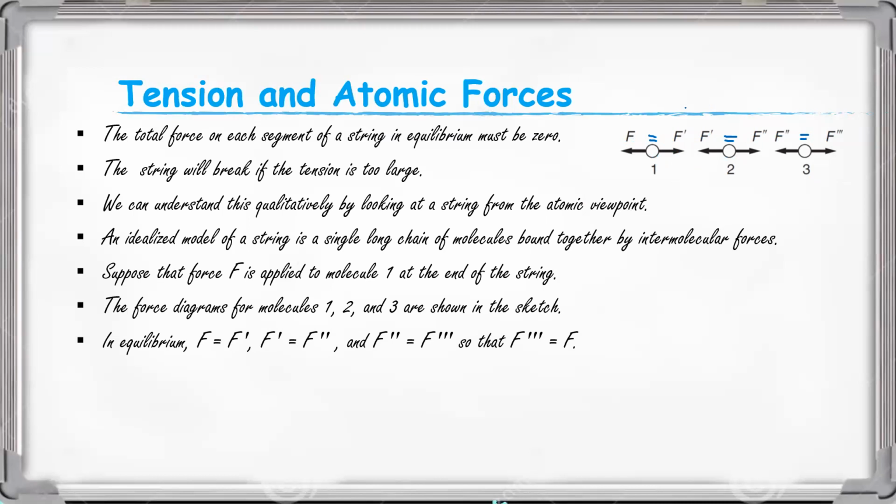Okay, and according to Newton's third law, these forces are also equal, then F3 double dash must be equal to F. So we can say that the string transmits the force F. This force is transmitted to the third one.